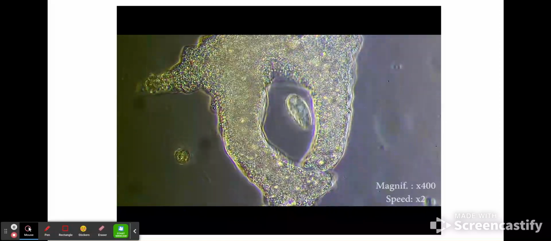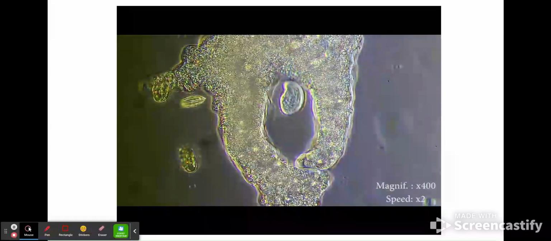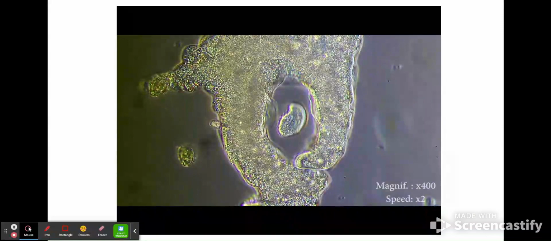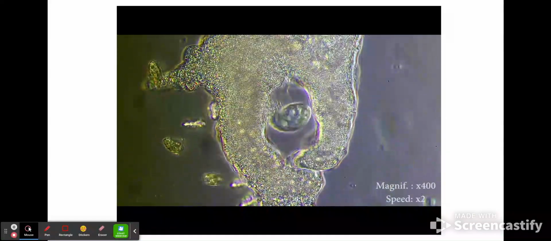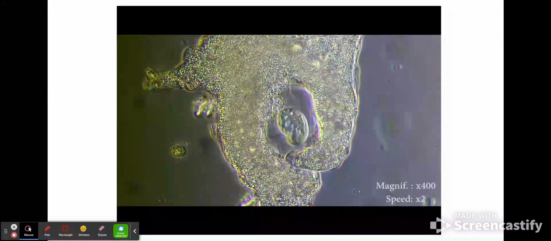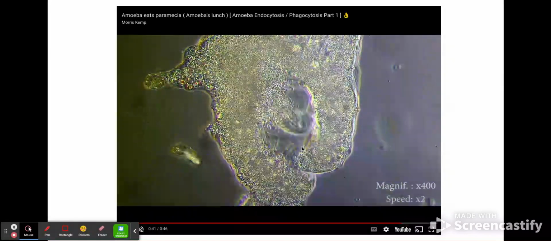So this guy has now got him trapped. He's going to release some enzymes that'll kill this guy, and then that's his food. So this is one way that they can bring in big organisms or molecules as food. You can see him moving around there.